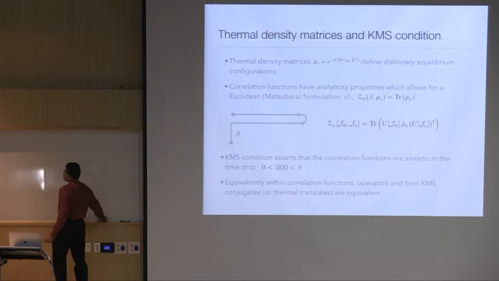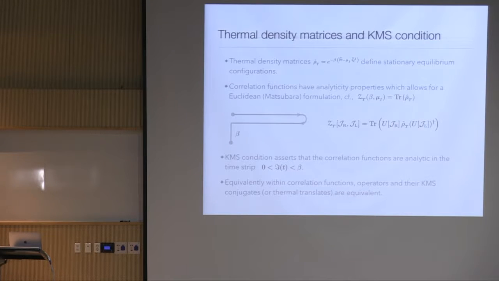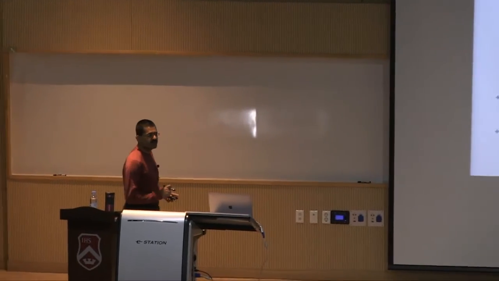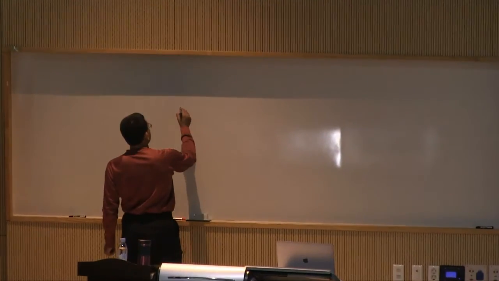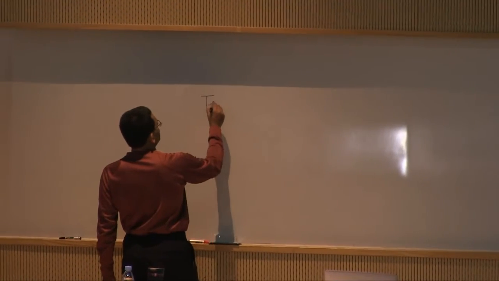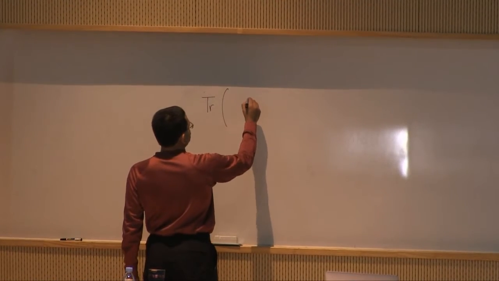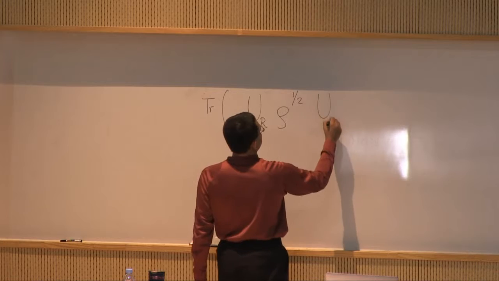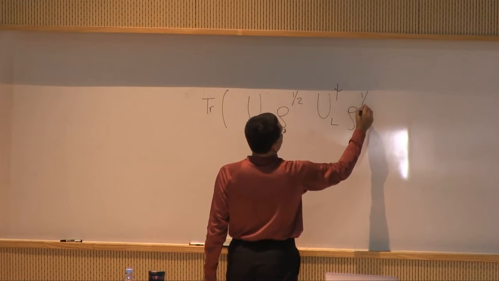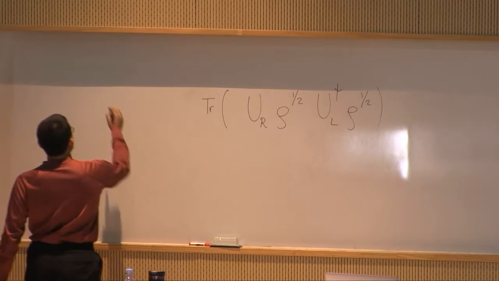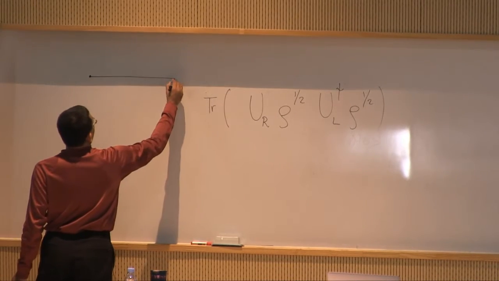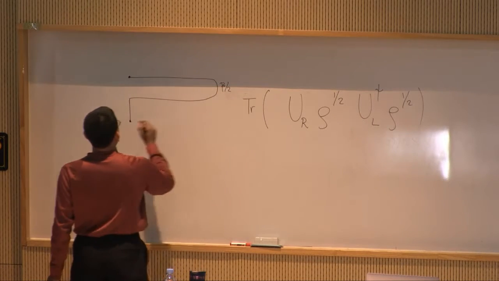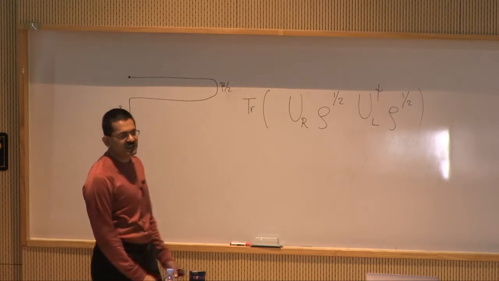I'll make one comment, which I didn't put in the slides, that it's often traditional to compute thermal correlation functions in what's called the thermofield double formalism, where instead of computing what I just wrote down, you would compute rho to the half, U left, dagger, rho to the half. In pictures, it will look very similar, except that now these Euclidean excursions are both of size beta over 2.